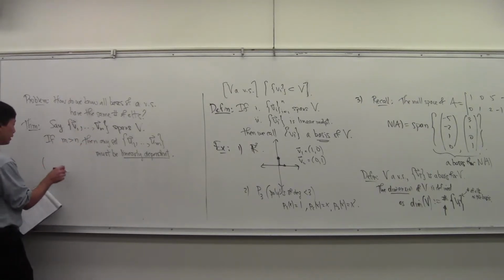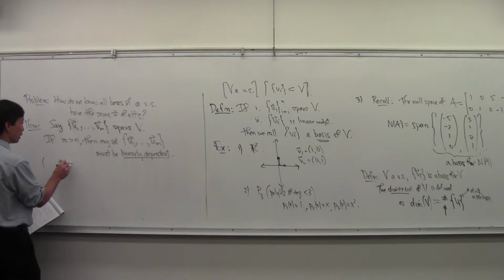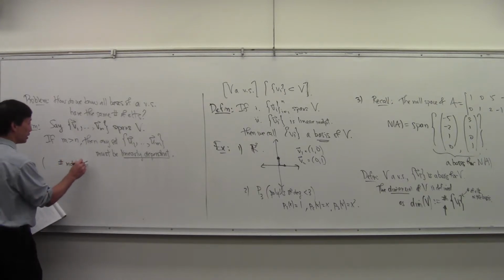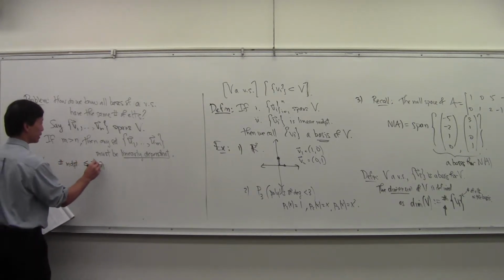Or another way of saying that is that the size of an independent set must be less than or equal to the size of a spanning set.